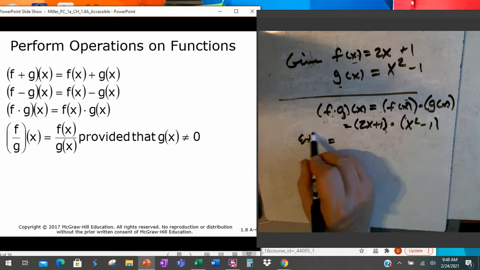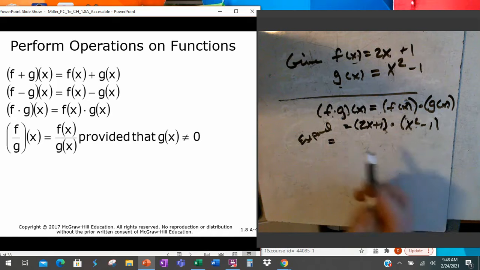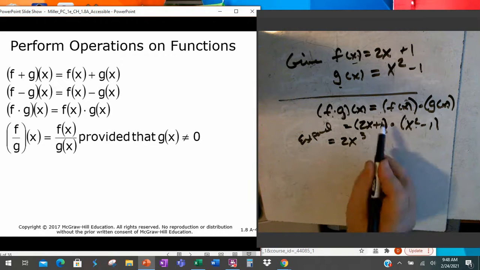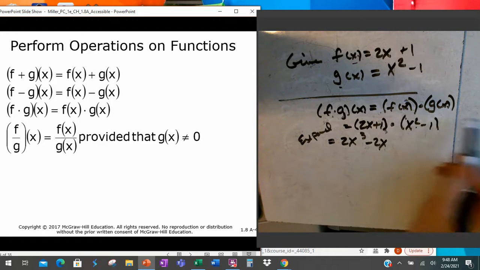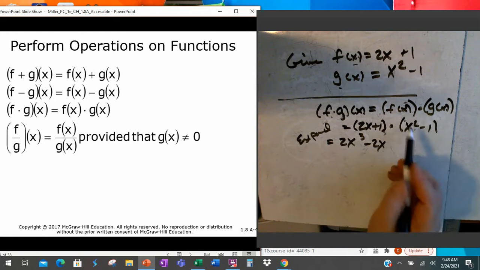So if I expand, I would distribute: 2x times x squared, 2x cubed, and then 2x times negative 1, minus 2x. I finish that, and then I go to the next one and start distributing. 1 times x squared is plus x squared.